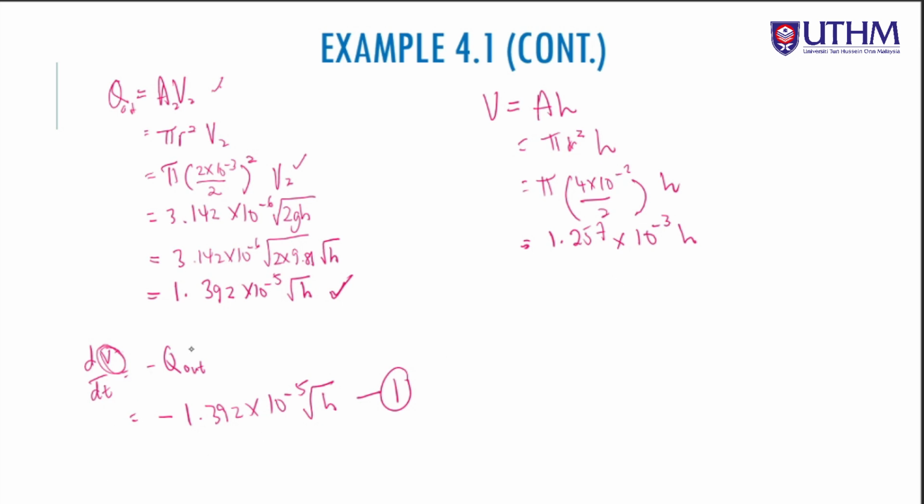Lepas tu kita ambil balik ni tadi. Okay, since kita nak dv over dt kan, perbezaan of this volume over time. So since kita differentiate left hand side with time, on the right hand side pun kita kena differentiate over time, kali 10 kuasa negatif 3 dh over dt.